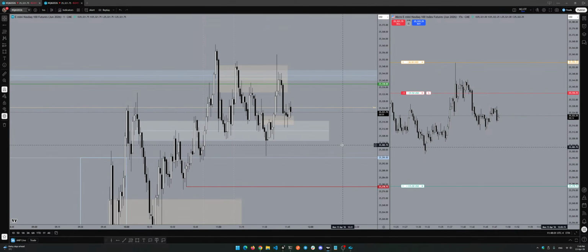This fair value gap looks quite good. It's supporting the idea of the lunch macro taking place.